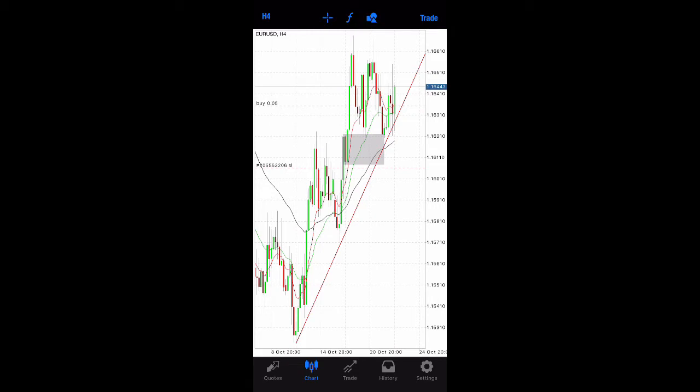And number 4 will be candlestick patterns. I'll be teaching you what candlestick patterns to look out for in terms of entry, what higher time frame candlestick patterns to look out for, what they mean, what they tell you from just looking at them, the story behind them, because it's very important to understand candlestick patterns and what they mean in the markets and on a higher and lower time frame.